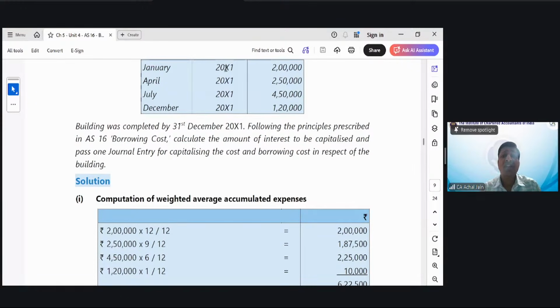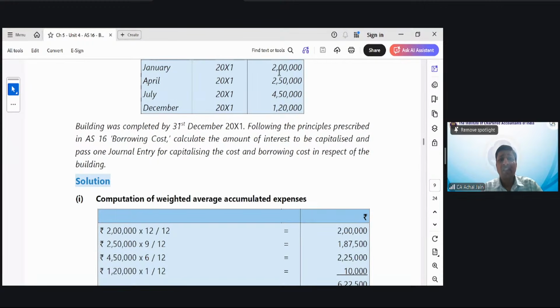So as a first step, what do we do? We will calculate the weighted average of amount spent on the construction of building. So what do you mean by weighted average? We will have to give the weight of time.